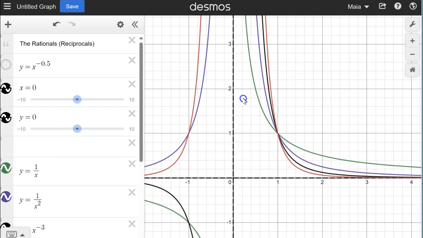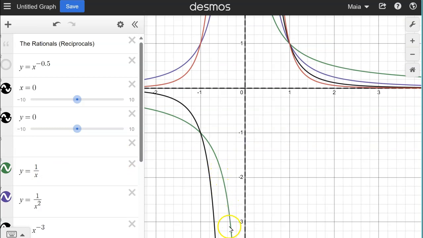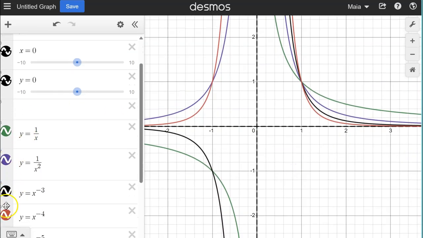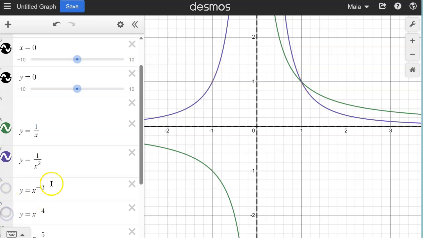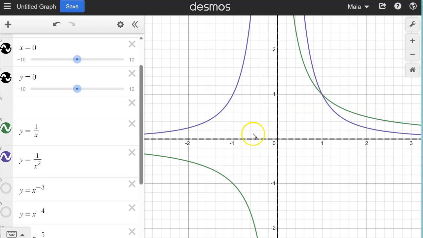I'm going to go ahead and show the other side now. Note that for our 1 over x, if we plug in very small negative numbers, their reciprocals are very big negative numbers. So it actually goes opposite directions. So that's asymptotic behavior, and I'm going to turn some of these off. Let's see. There's your 1 over x, your 1 over x squared. So these two go on your parent function chart.